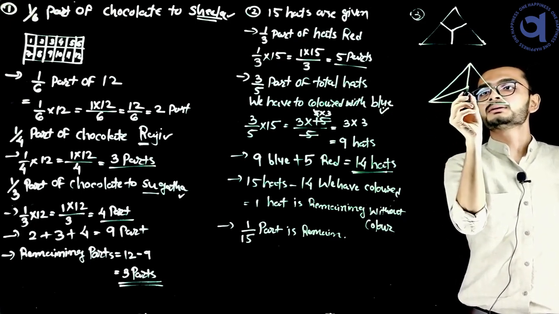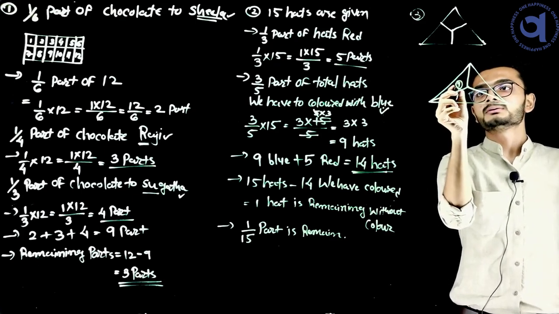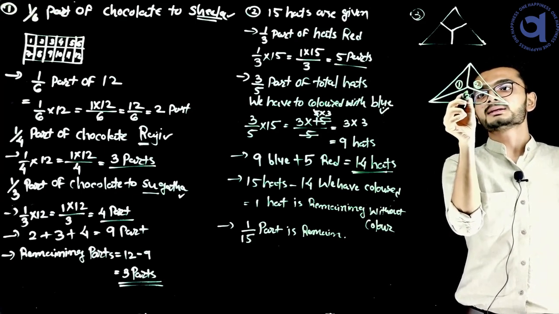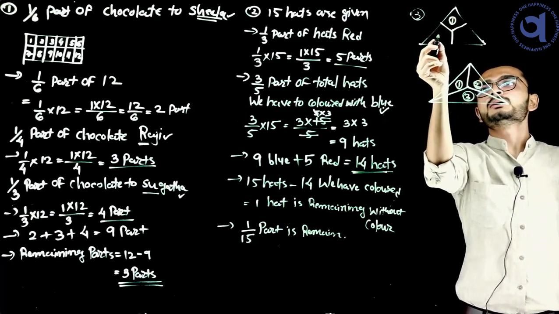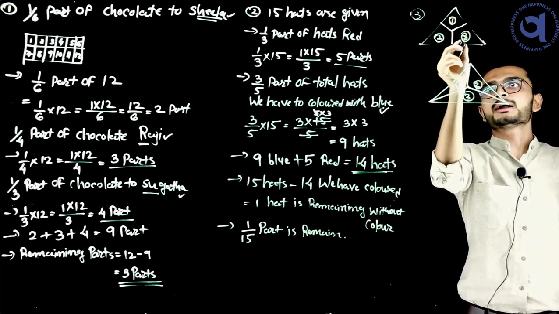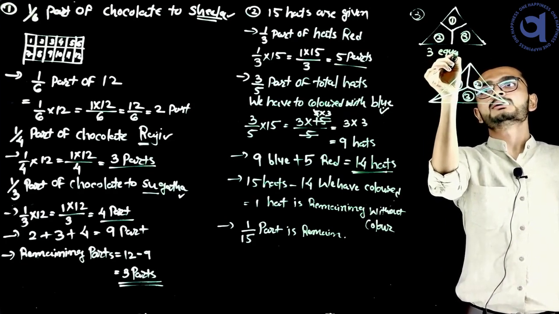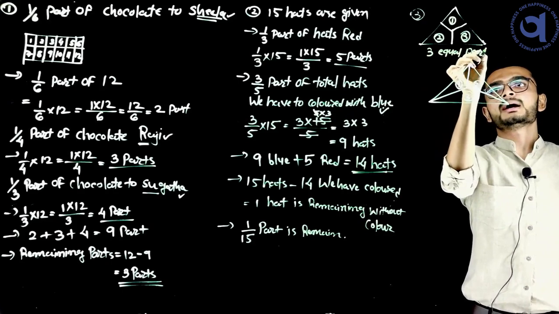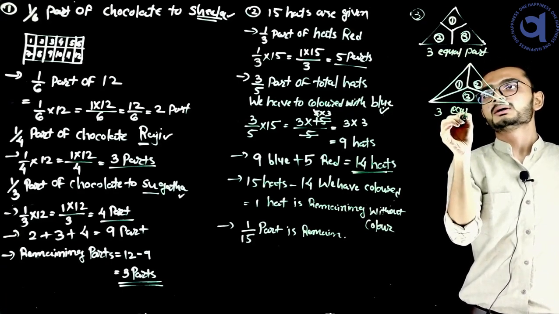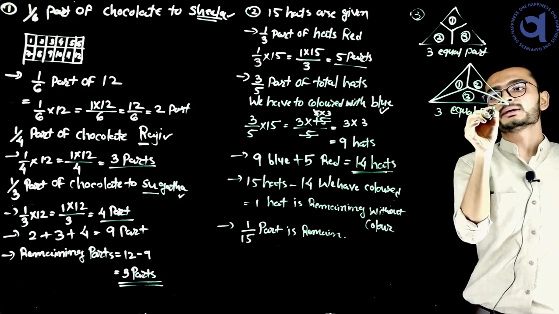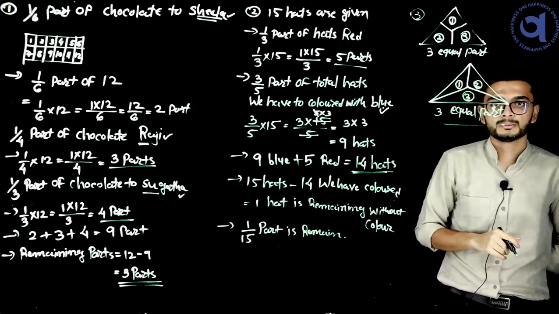If we divide this triangle in this way, these are the 1, 2 and 3 equal parts of the triangle. Over here these and these are also 3 equal parts. These all are 3 equal parts, and this is also 3 equal parts, but in a different way we can divide it into 3 equal parts.